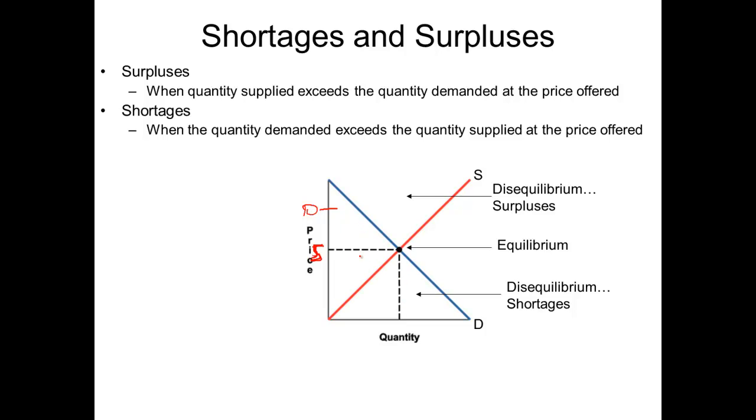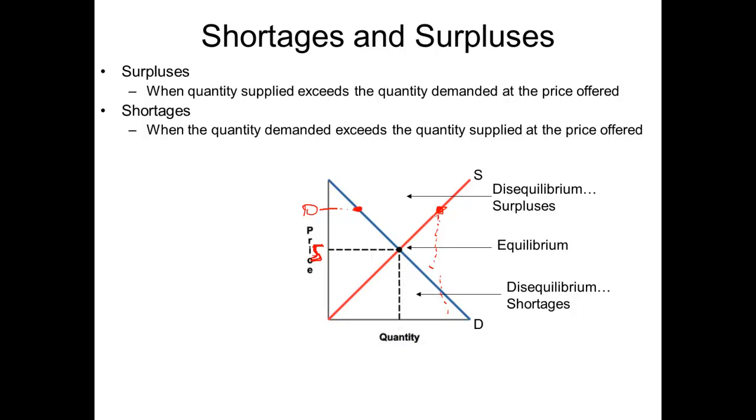Right here you see we have equilibrium, everyone's happy. But if you look at what would happen at $10, there we have the demand for teenage labor, and here's the supply of teenage labor. You're going to have lots of teenagers that want to work, and they're definitely going to want to supply their labor.